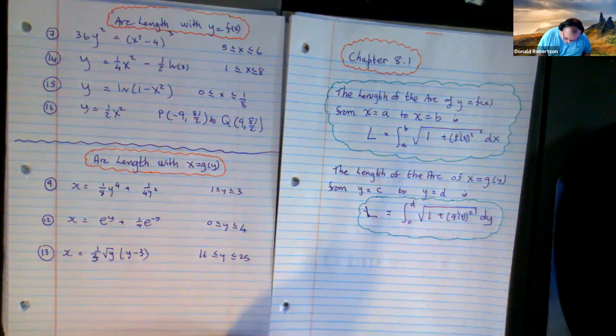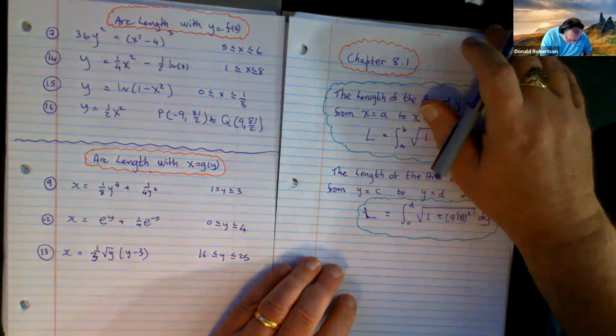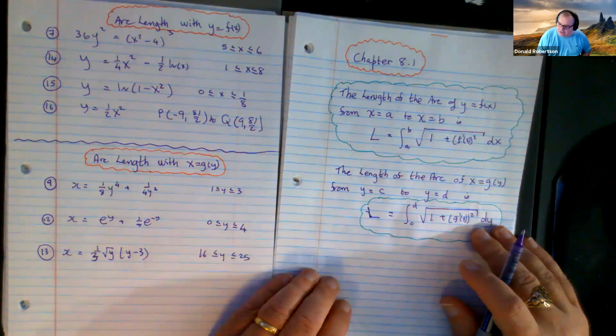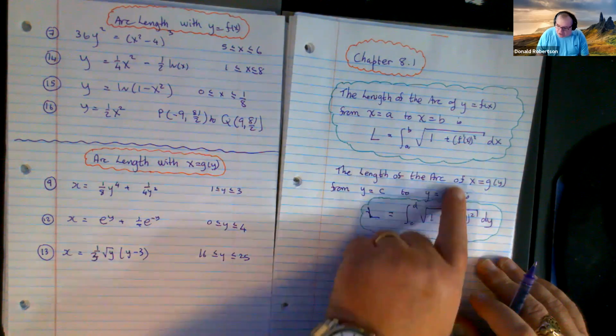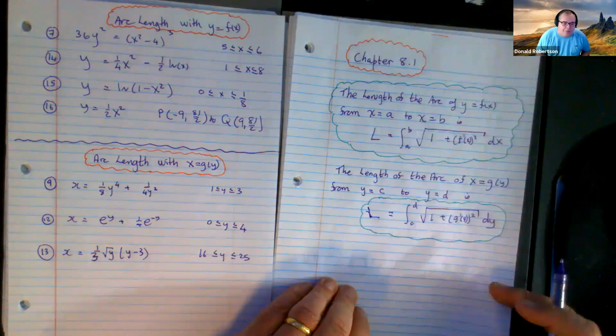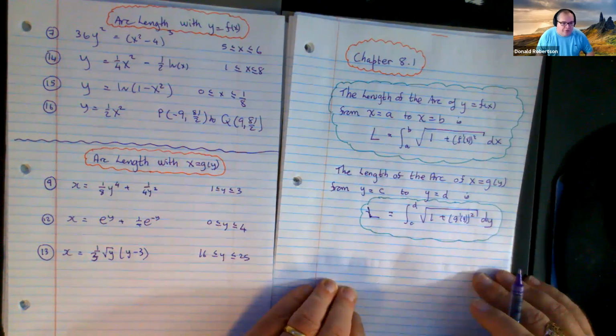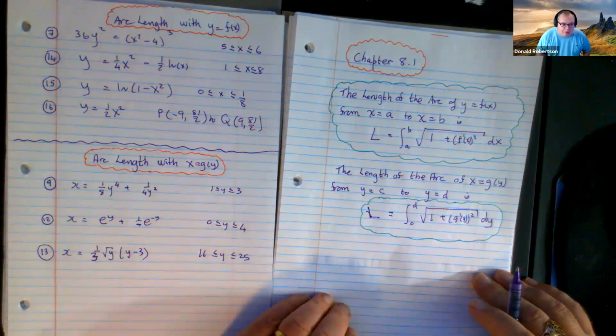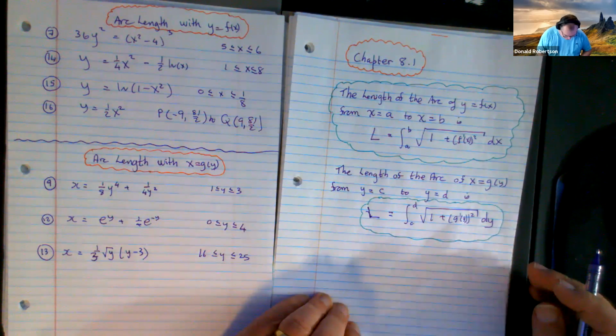I think a second truism is the vast majority of these questions, don't they end up being perfect squares once you calculate the 1 plus derivative squared? So think of that as a very common theme, so that when you're doing most of these, the algebra is going to come out in such a way that that's what you get.